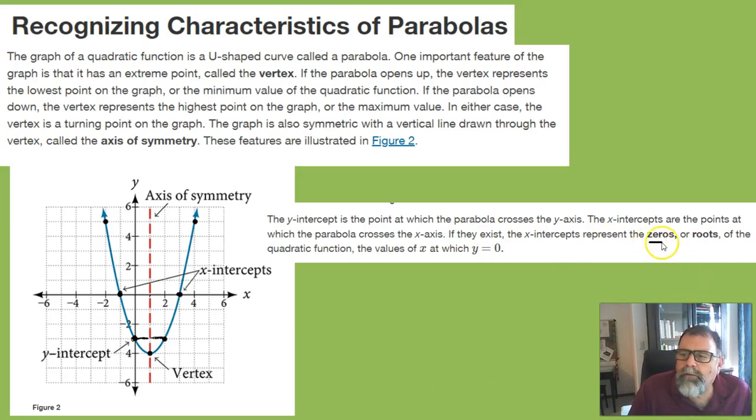I don't know if we've used this term before, but you'll hear it. The zeros are the values of x at which y equals 0. So a zero of a function is the x value that makes the y value equal to 0. For a parabola, the x-coordinates of the x-intercepts are the zeros of the function.